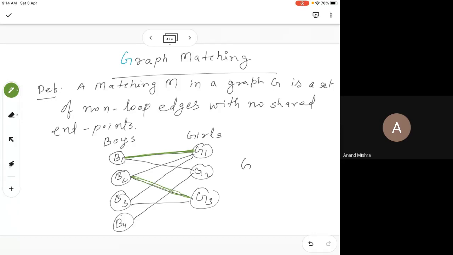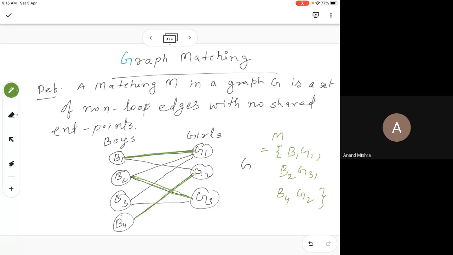B3 cannot be matched with G3 either. So B3 has to remain single. There is no way. But B4 can be matched to G2, right? So here the matching M is a set of edges: B1 G1, B2 G3, and B4 G2. All right.